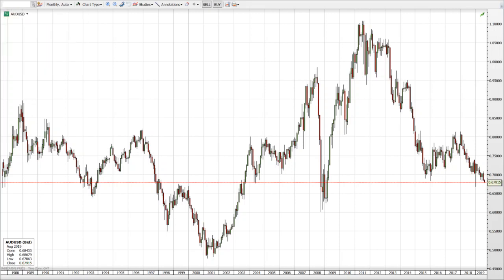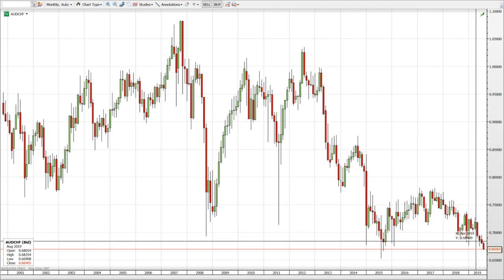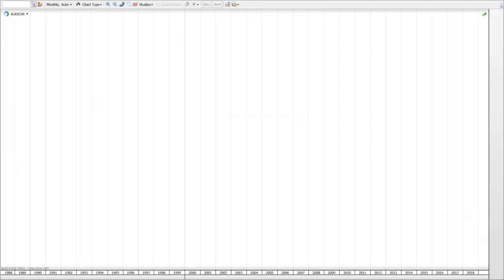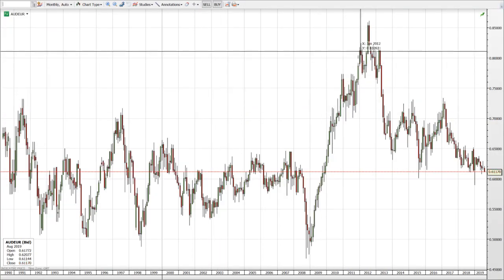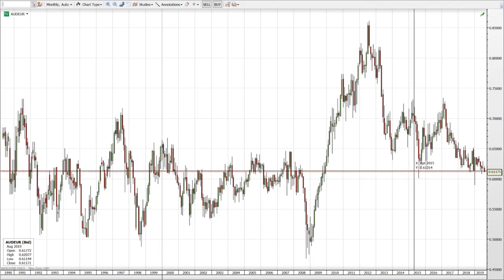Now the Australian dollar against the Swiss franc, you see that's experienced some recent bearishness there, and it's going to new lows. Australian dollar against the euro, same thing, long-term downtrend, a bit of recent bearishness. It's going to new lows as well.